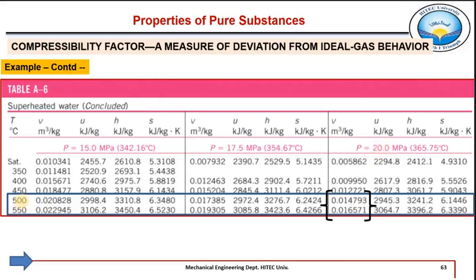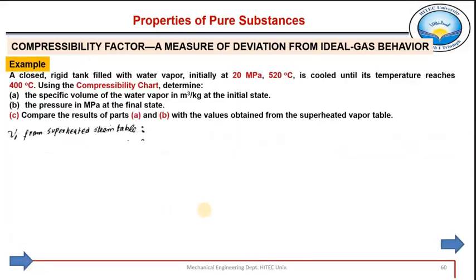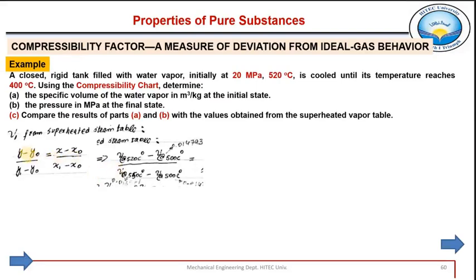Here values are given for 500 degrees Celsius and for 550 degrees Celsius. So 520 is somewhere between these 2. So we need to interpolate. For interpolation, we know this formula, which we have already seen in the previous lecture. So we have to use the interpolation formula.